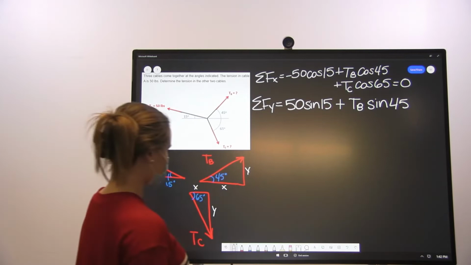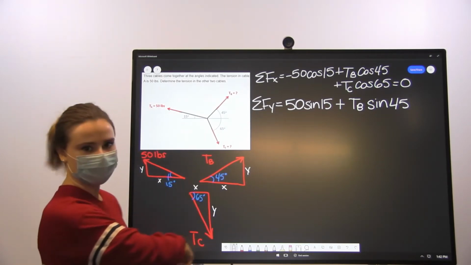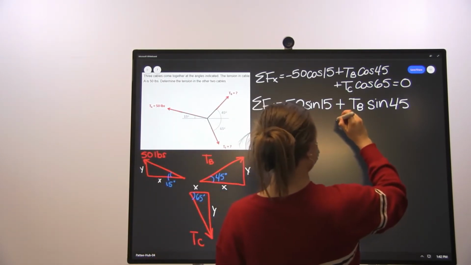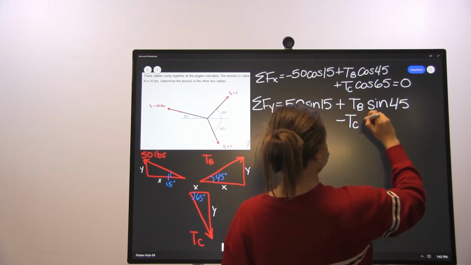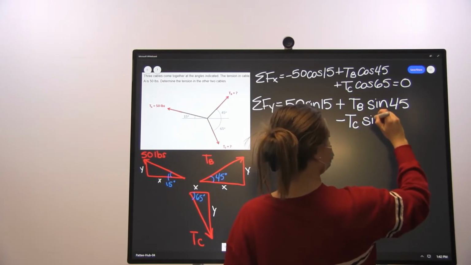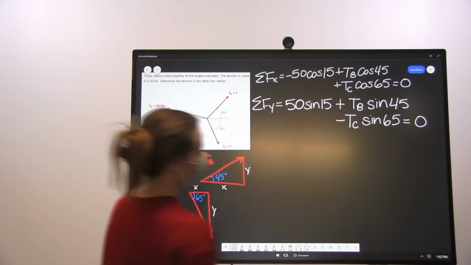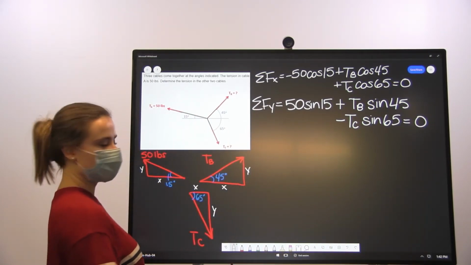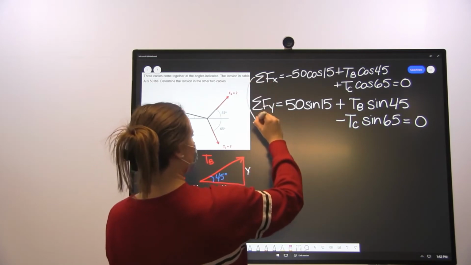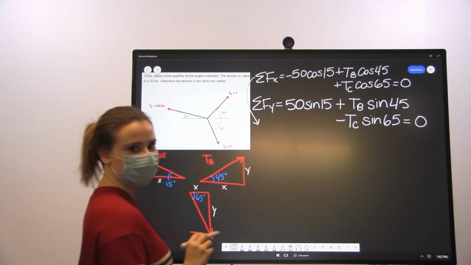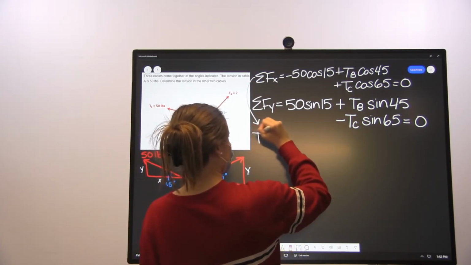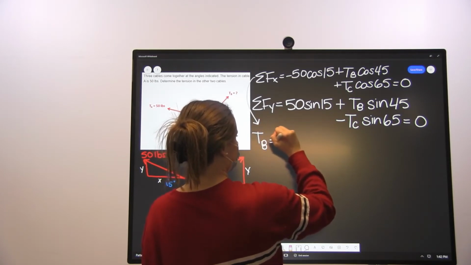And then tension C is in the downward direction, so that's going to be negative. So that's going to be minus tension C sine 65 equals 0.